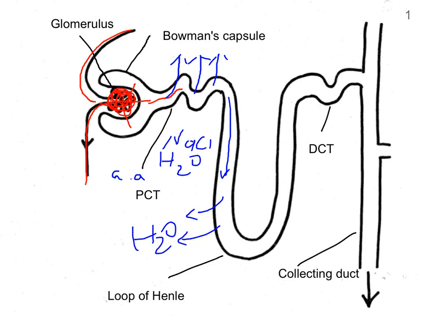Now with the ascending limb, we see that the cells are not permeable to water, but are instead permeable to salt. So salt can move. So sodium and chloride ions will move out of the filtrate at the ascending limb of the loop of Henle.